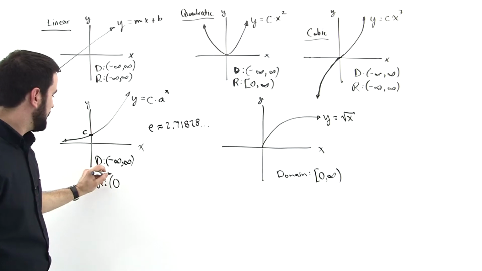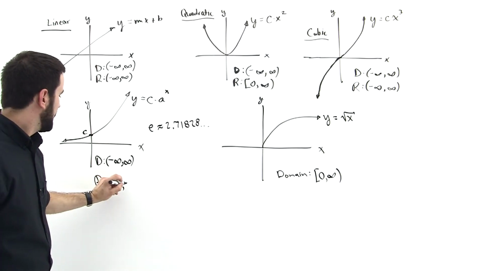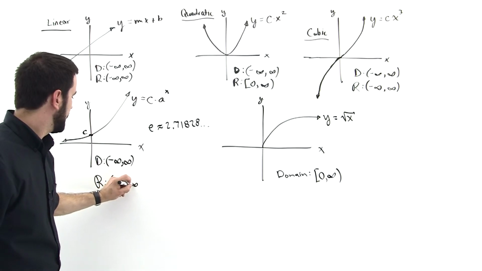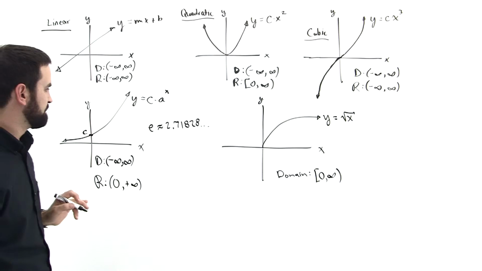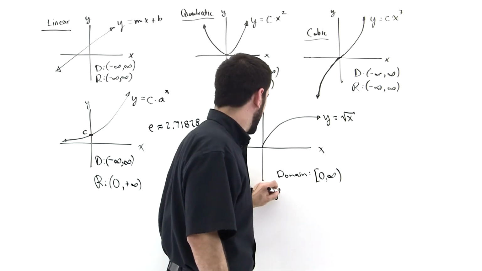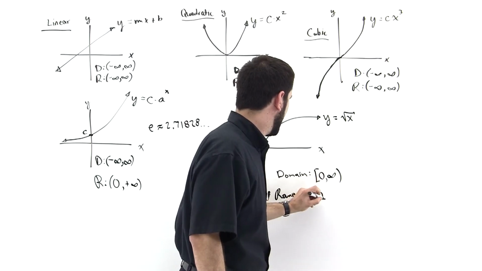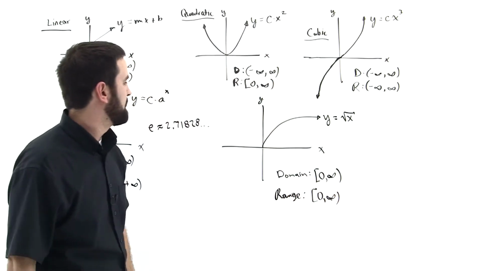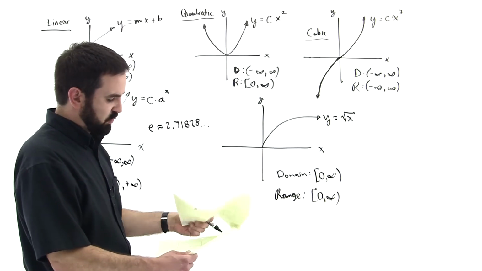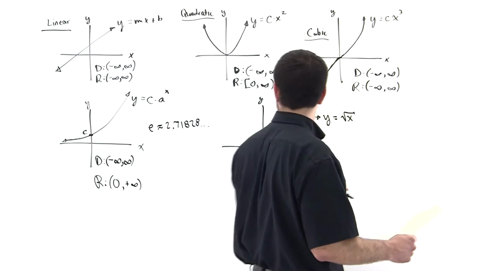So it's open parentheses, comma, positive infinity, right? Because it does increase up to infinity. That's the range. And then for this guy, the range is the same as the domain, right?